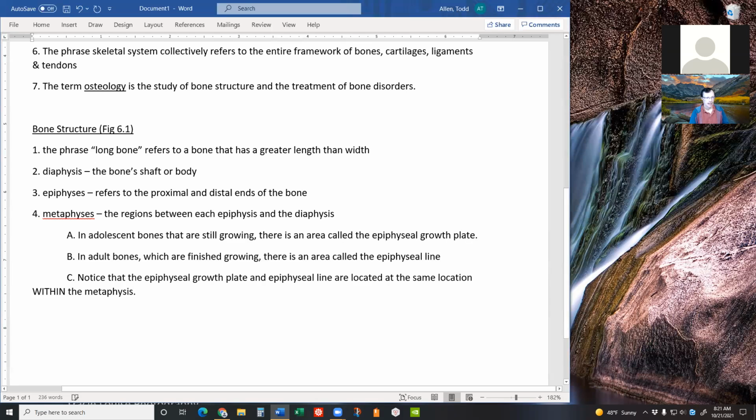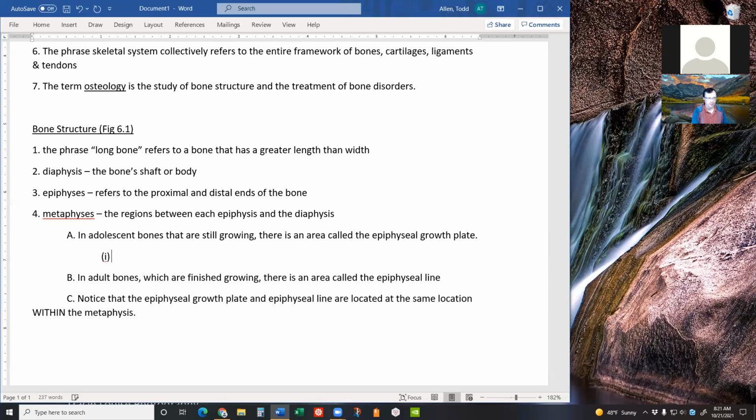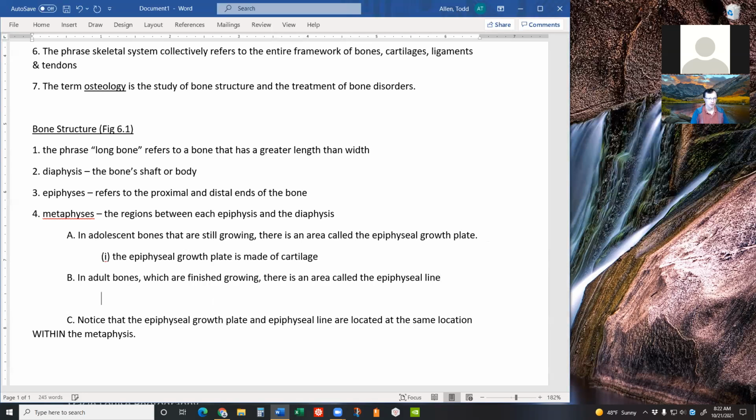Okay. And let me come up here and just document that the epiphyseal growth plate is made of cartilage.